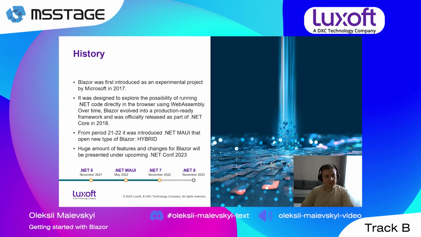Of course, we can say that from .NET 6 it became the most popular, because between .NET 6 and .NET 7, .NET MAUI was introduced, which opened a new type of Blazor called hybrid. We will talk about the types of Blazor a bit later.